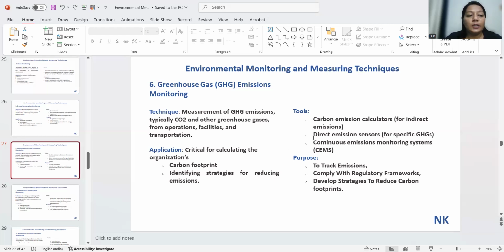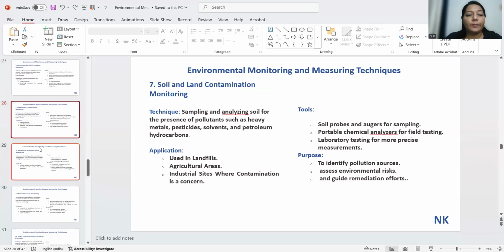Next point is soil contamination and land contamination monitoring. This technique is sampling and analyzing soil for the presence of pollutants such as heavy metals, pesticides, solvents, and petroleum hydrocarbons.